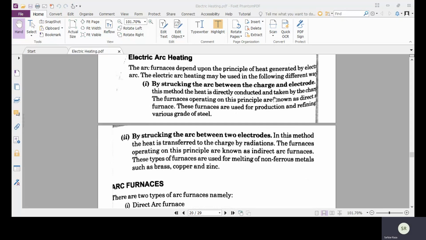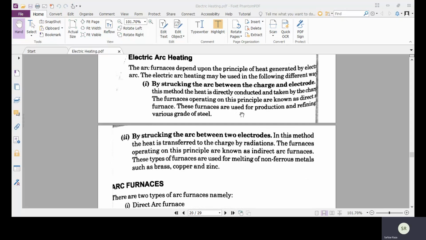Whenever the current is passed through it, the current completes its path by flowing through the charge. So there is a direct conduction of the heat. The furnace operating on this principle is known as a direct arc furnace.